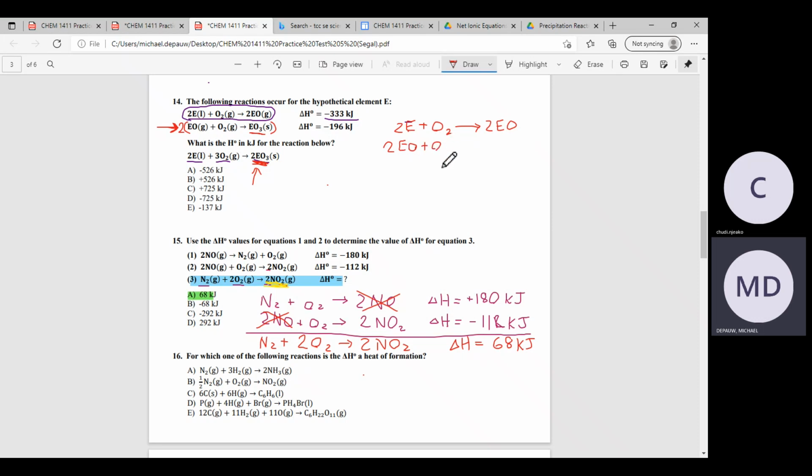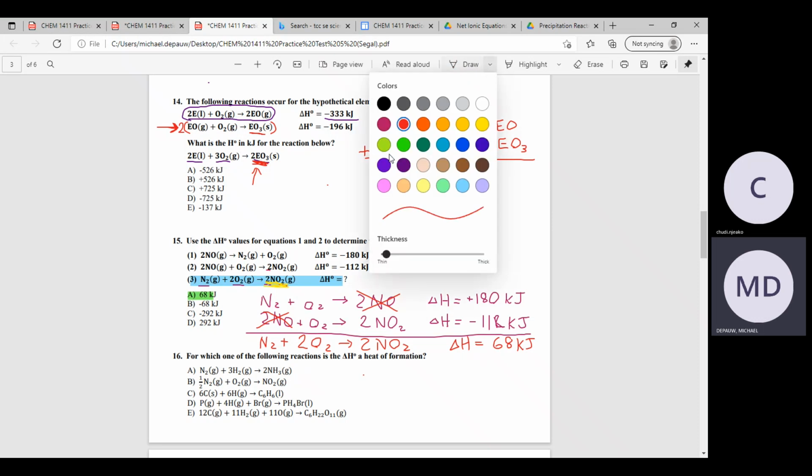And then if I multiply that second equation by 2, this becomes 2 EOs plus O2. Doing Hess's law. All right, so 2 EOs plus O2, and then this would also be 2 O2s because I will have to multiply everything by 2 in that second equation. And that's going to give you 2 EO3s. And so now you see, if I now add these two equations up, there's something that cancels out.